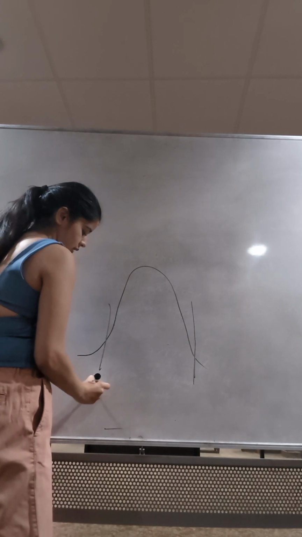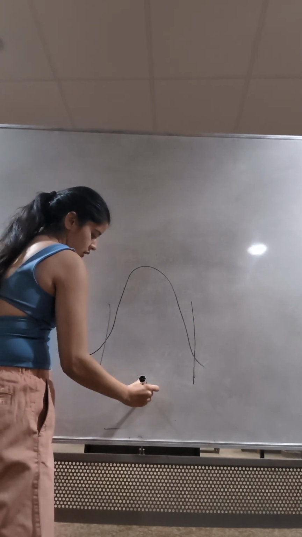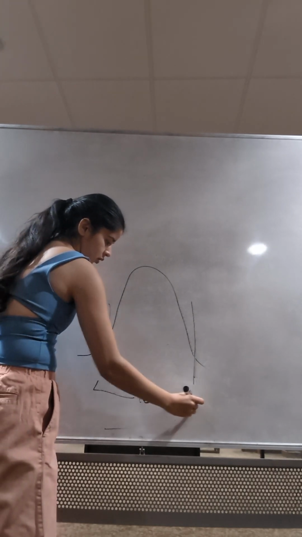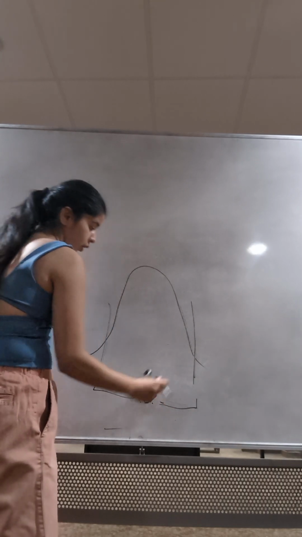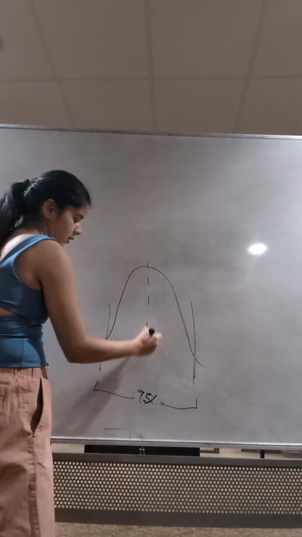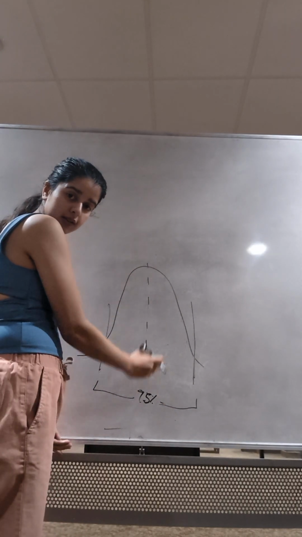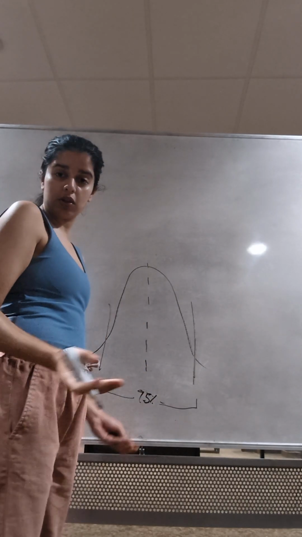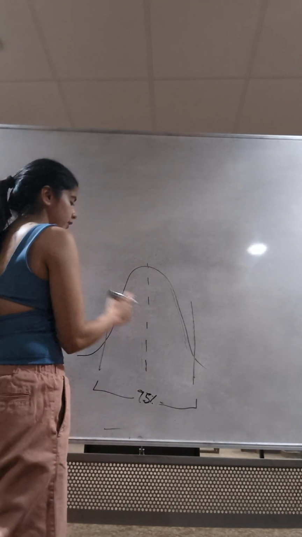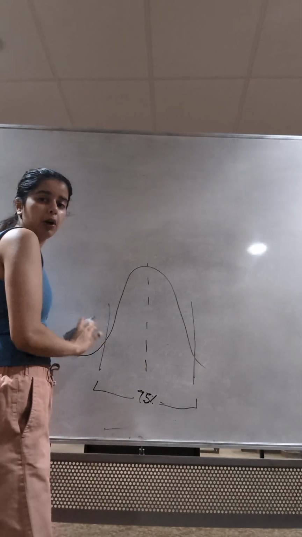Okay, so this area is 95%. Okay, whatever falls inside this is basically same as the mean. That's what we talked about in our last video. Anything that falls out of it is different from our mean.